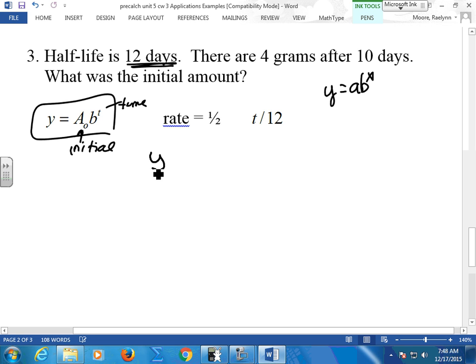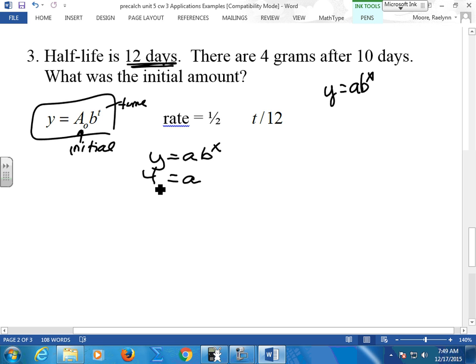You start with your basic formula. What's your initial amount? We don't know. So what should we make it? We'll leave it as A for now. What's the amount we want to end up with? 4. So is A going to be greater than 4 or less than 4? Greater than 4.